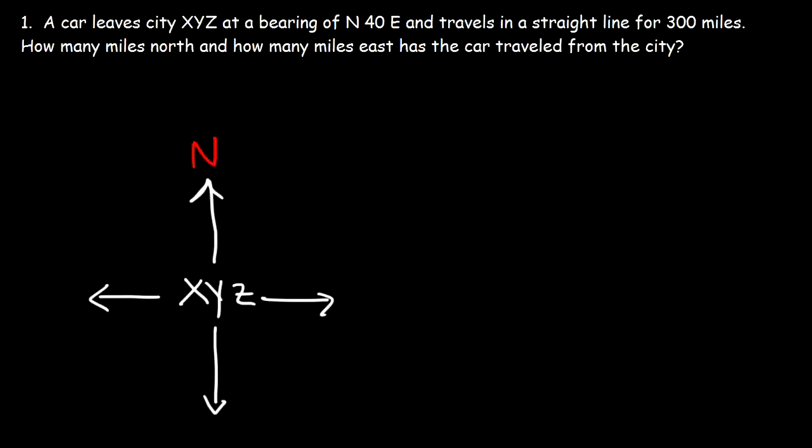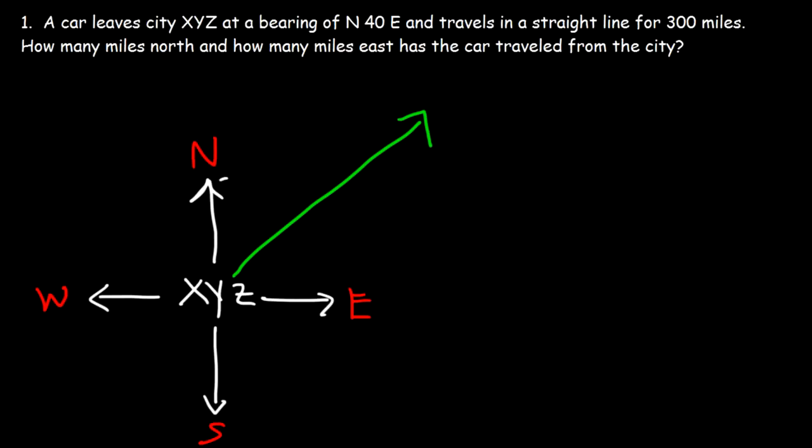So this is north, south, east, west. The car is traveling in the northeast direction. So it's going this way. And the bearing is north 40 degrees east.